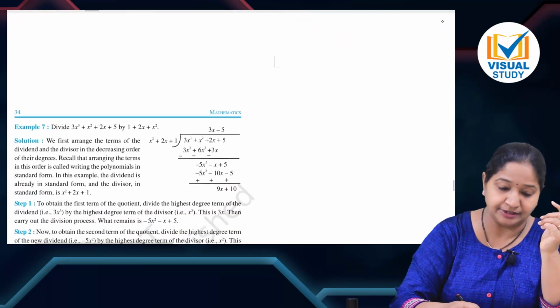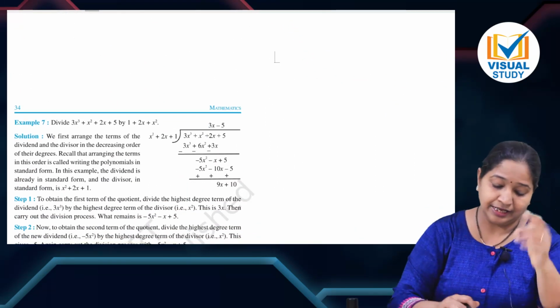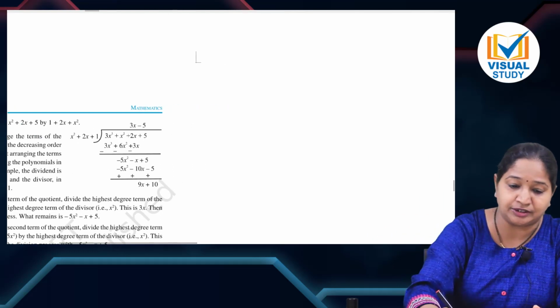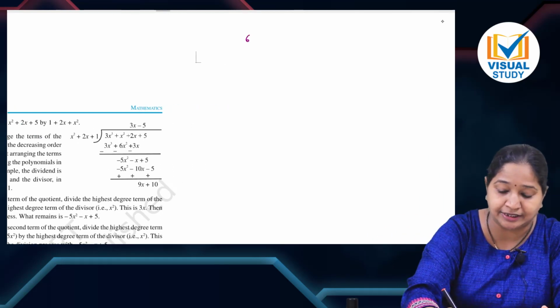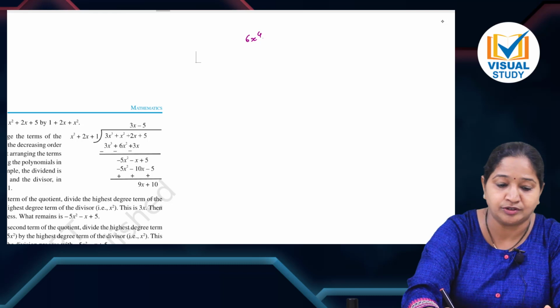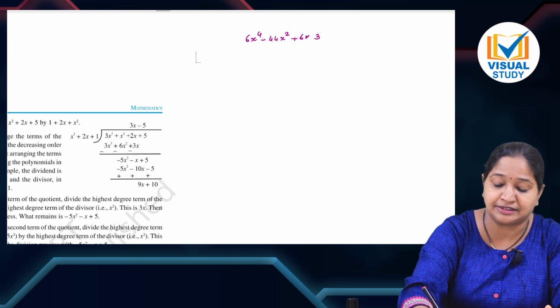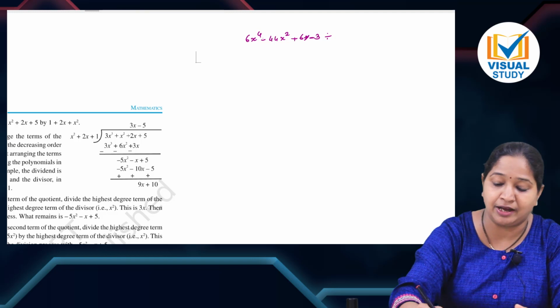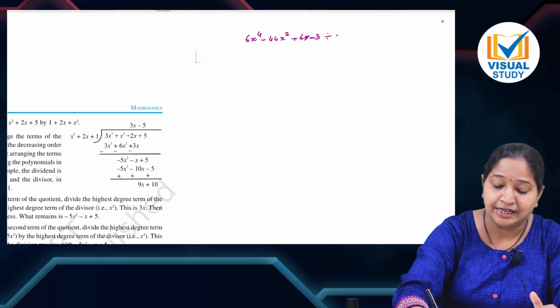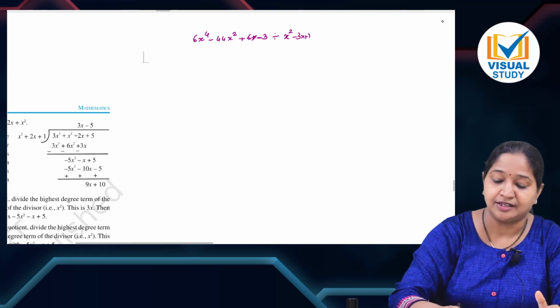I'll give you one more example. They have given you here one more example, but I'll give you a different example. That is 6x raised to 4 minus 44x square plus 6x minus 3, and you have to divide it by x square minus 3x plus 1.